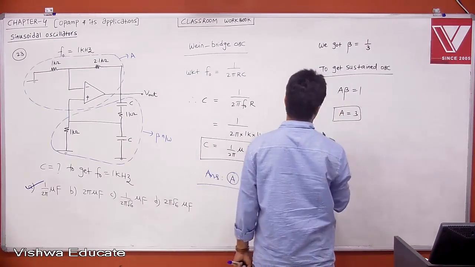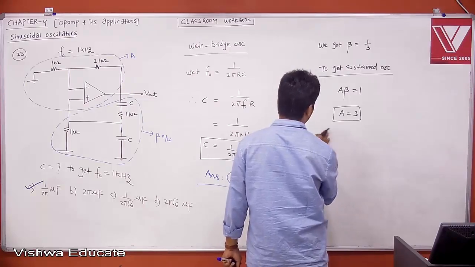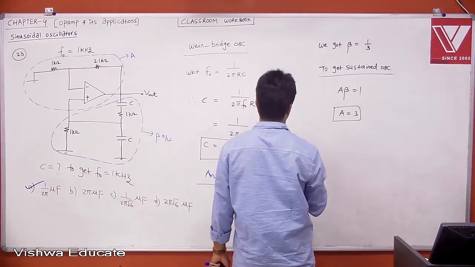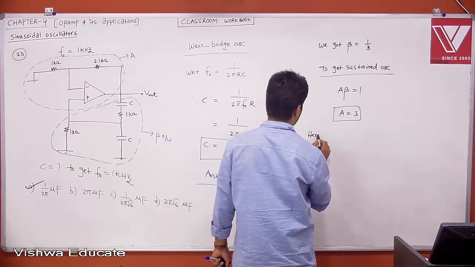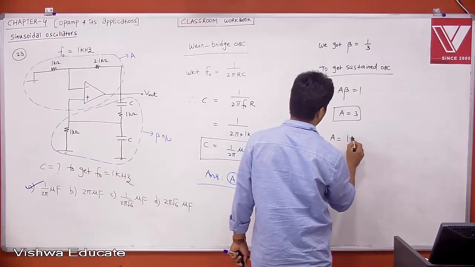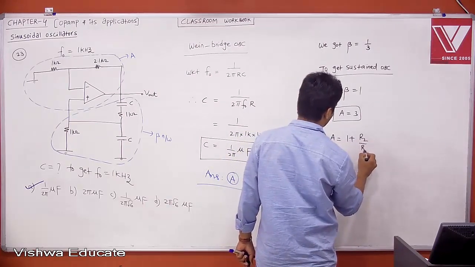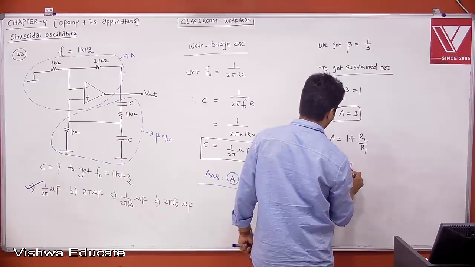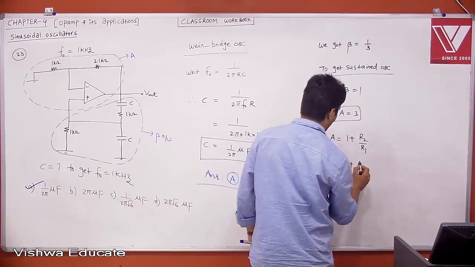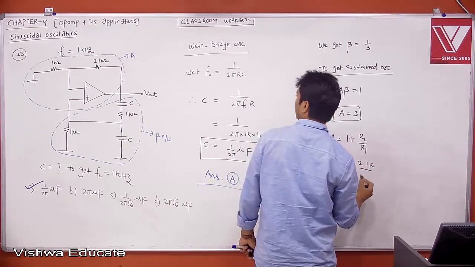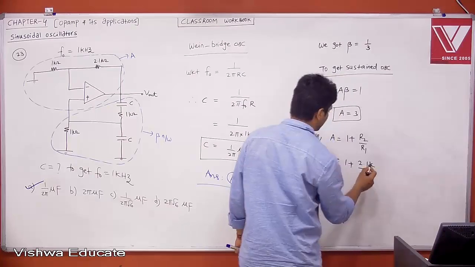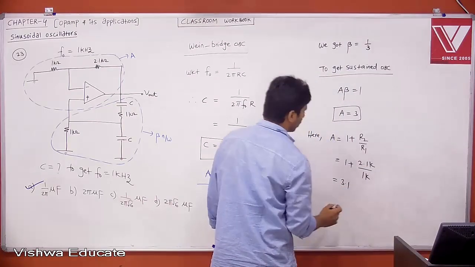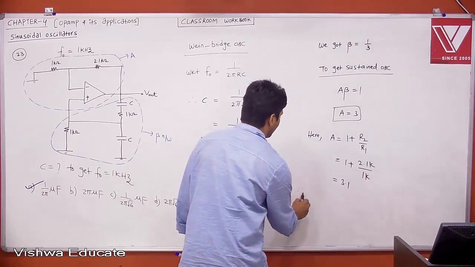What is A here? A is 1 plus R2 by R1, which is 1 plus 2.1K divided by 1K. That is 3.1.